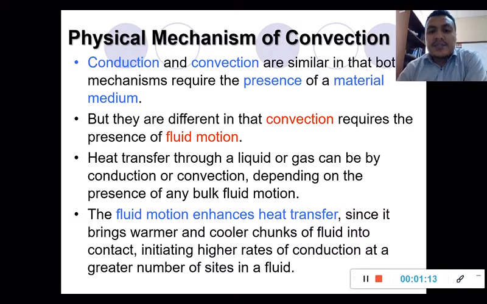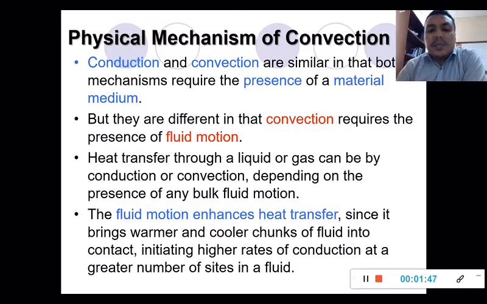But they are different in that convection requires the presence of fluid motion. As we discussed in the previous chapter, for conduction, even though the medium is fluid, if the fluid is stationary, we still consider it as conduction. But if there is any movement of the fluid, we need to consider convection heat transfer.